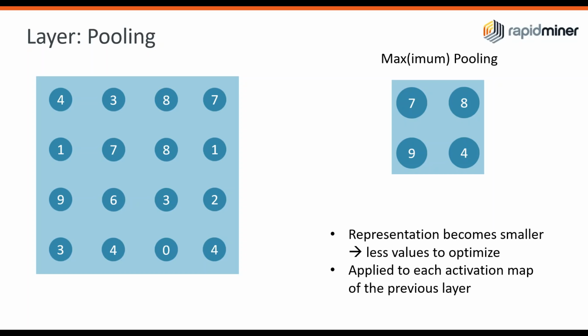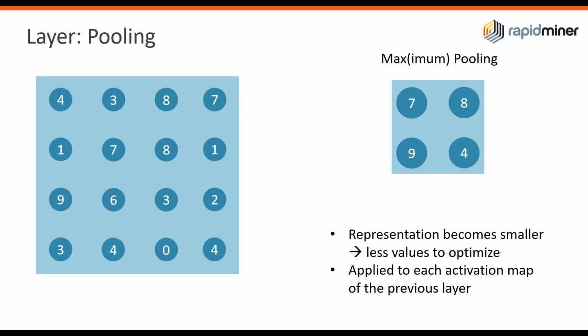If you had a convolutional layer before this pooling layer, the pooling is applied to each one of the activation maps. So if we had a convolutional layer with 32 filters, so 32 activation maps, we now have 32 activation maps in the pooling as well.